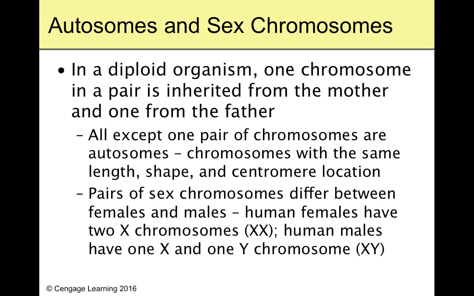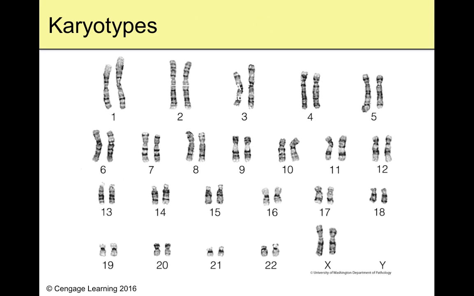Autosomes as opposed to sex chromosomes, we've already kind of alluded to this because I said you had 1 through 22 and then X's and Y's. So in a diploid organism, like you and I, 1 chromosome in a pair is inherited from the mother and 1 from the father. So if we run back to this one, you could say, I got 1 copy of chromosome 1 from my mom, I got 1 copy of chromosome 1 from my dad.